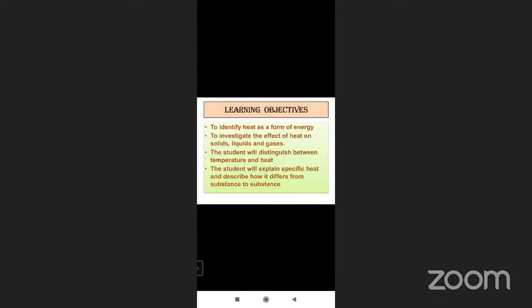Now, we are going to identify heat as a form of energy. Then, to investigate the effect of heat on solids, liquids, and gases. We'll distinguish between temperature and heat, and the students will explain specific heat and describe how it differs from substance to substance. So, these are some of the points we are going to study in today's session.